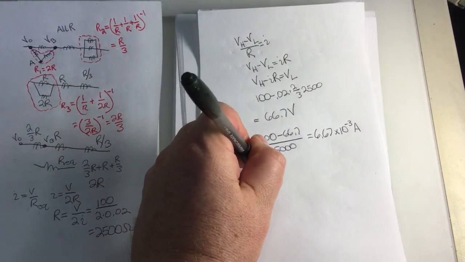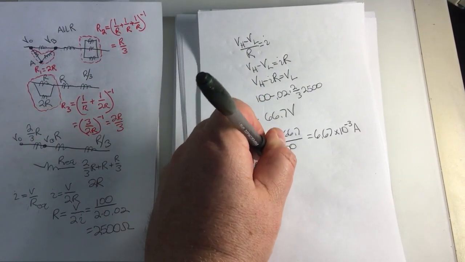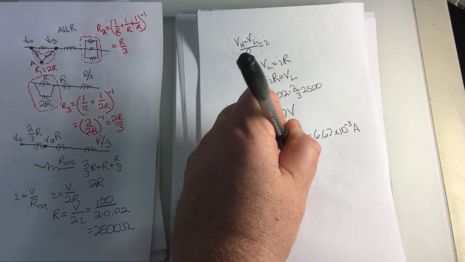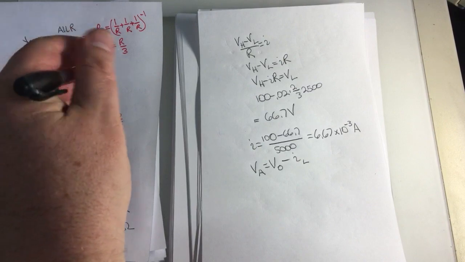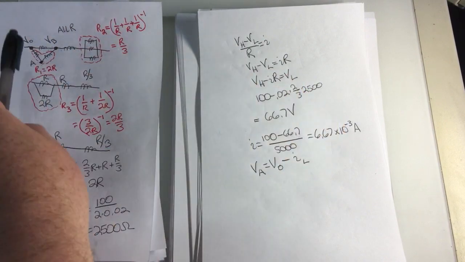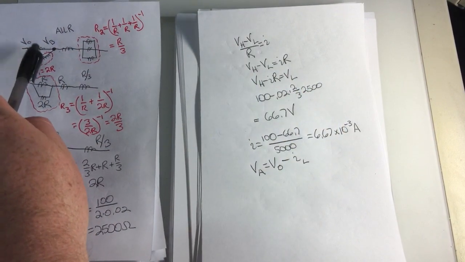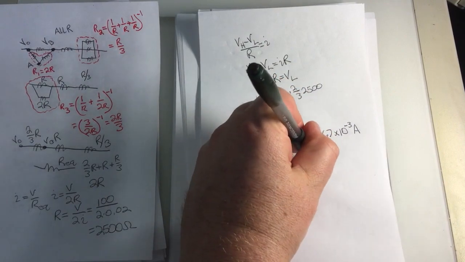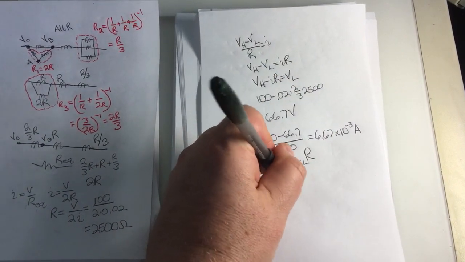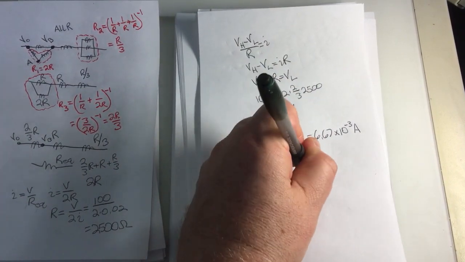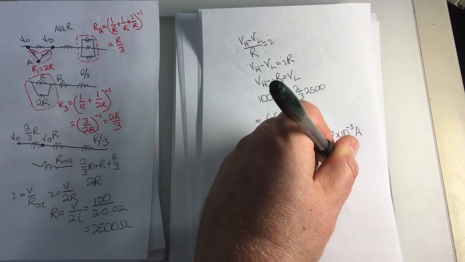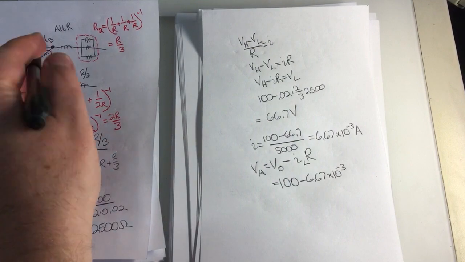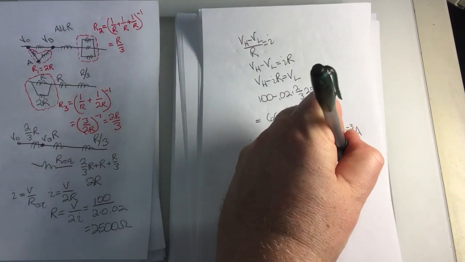So VA is equal to V naught minus the I going through that lower part of the circuit times the resistance of that single resistor, R. So this is 100 minus 6.67 times 10 to the negative 3, times the resistance, 1R, or 2500.